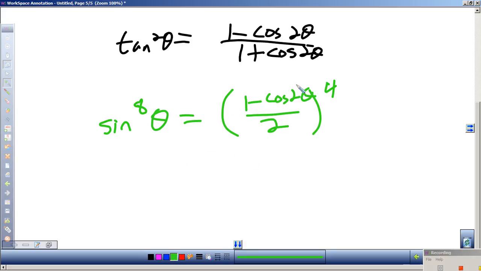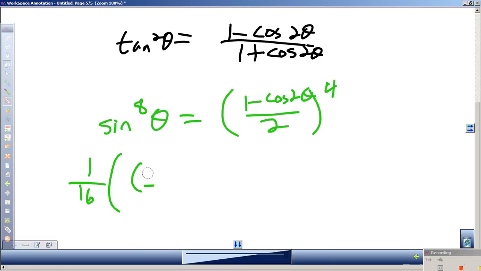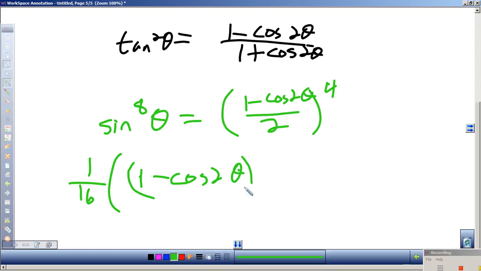I'm going to have to apply this to the 4. What's 2 to the 4th? 16. So I'm going to leave it as 1 over 16 out front. And now we have 1 minus cosine 2 theta, squared.